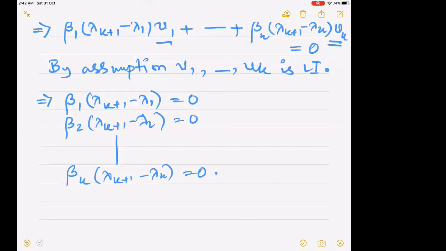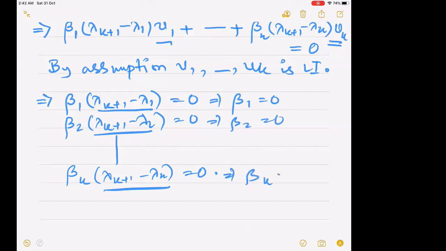But these are distinct, so this is non-zero, all these guys are non-zero. So this implies beta 1 must be 0, beta 2 must be 0, and so on up to beta k must be 0. Because all these are coming from the field, this is non-zero, so I can divide by this inverse, which means beta 1 must be 0.